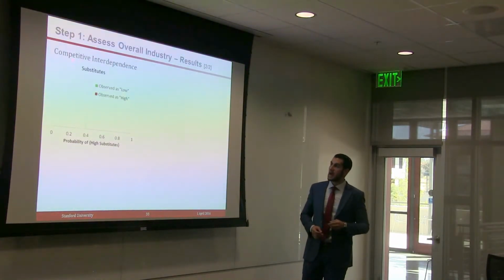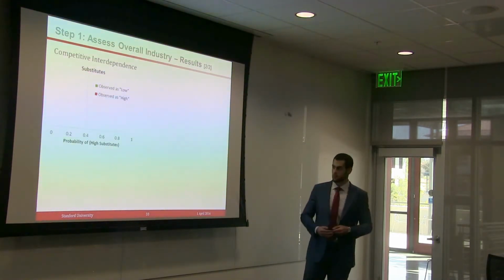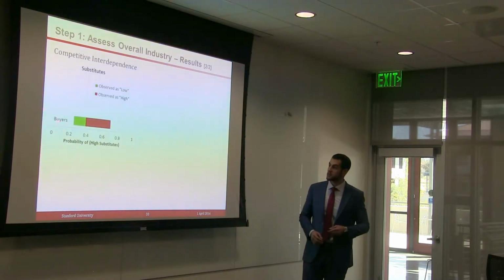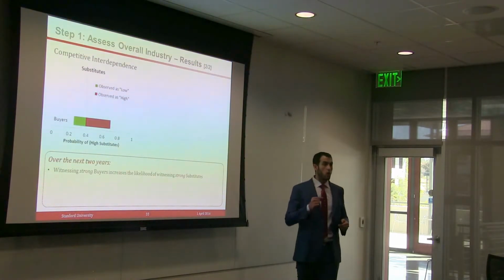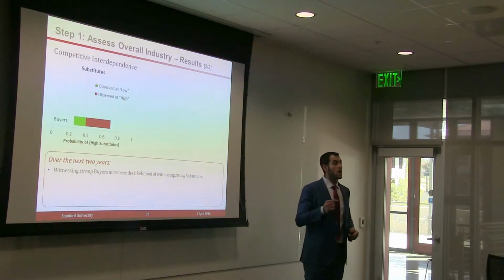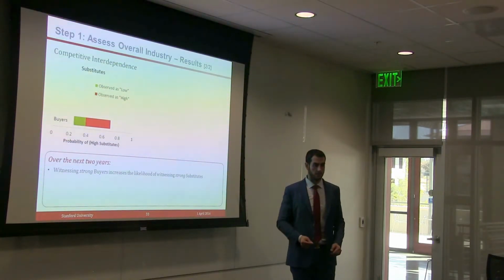We want to understand how our beliefs about the force of substitutes are updated by observing the other 4 forces. If I observe the force of buyers as being high, the probability of my belief on substitutes increases from 0.4 to 0.7. In plain English, over the coming 2 years, witnessing strong buyers will increase the likelihood of witnessing strong substitutes in the industry.